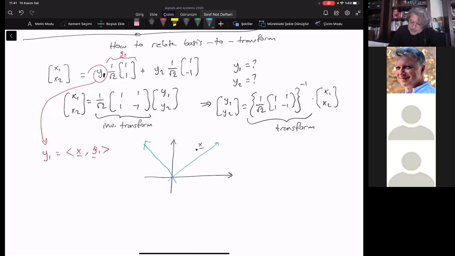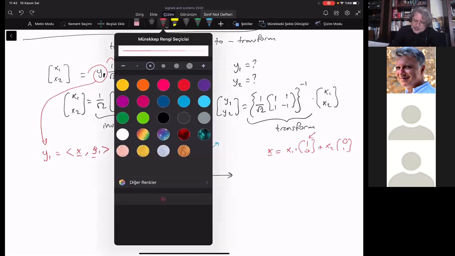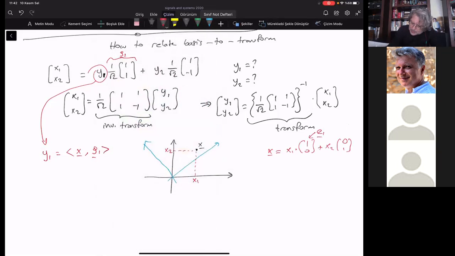Now we know that x is equal to x1 times (1, 0) plus x2 times (0, 1), which are e1 and e2, the basis vectors. Let's not use h, I apologize, it looks like a filter if I use it like that.